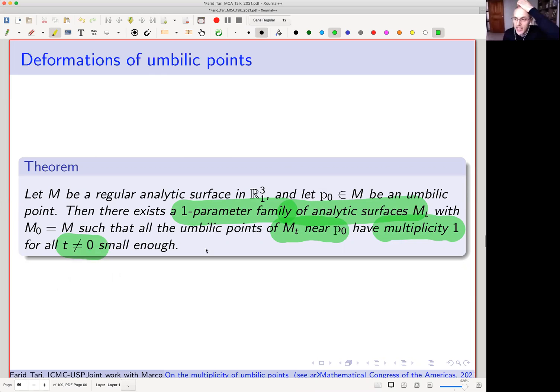The proof goes to the jet space. You look at the jet space, you stratify it, and you can show that we can construct this family that, when you deform it, avoids the strata of multiplicity greater than 1.